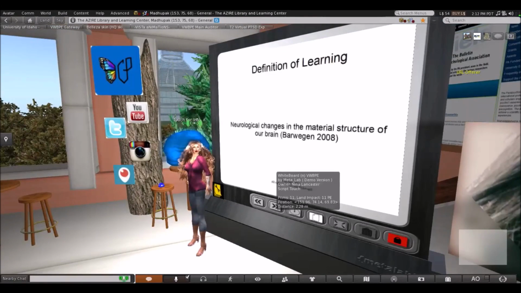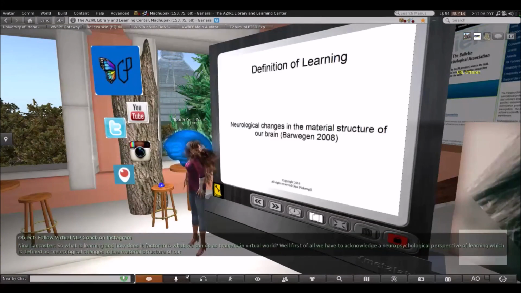And these happen outside of the consciousness of the individual who's in trance, but the neurological changes are actually happening. So I saw the link between the virtual world and started to use that. So we have to acknowledge a neuropsychological perspective of learning, which is a very important aspect to consider.